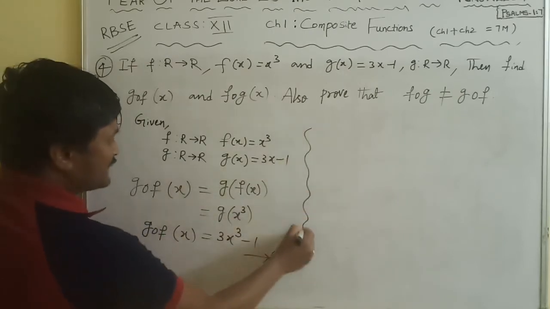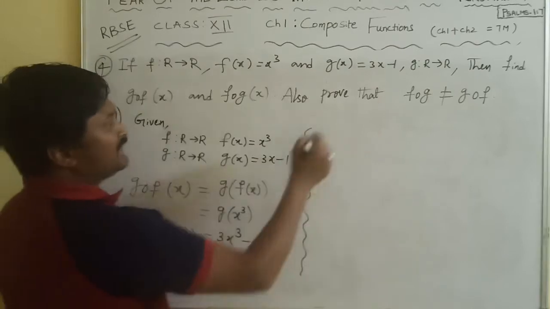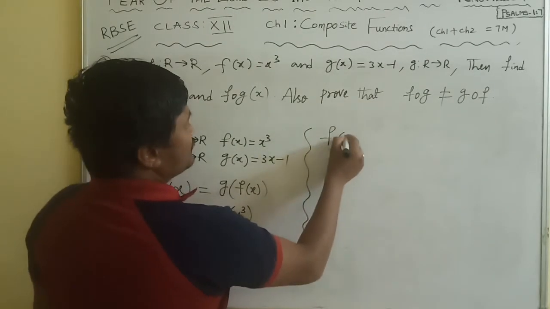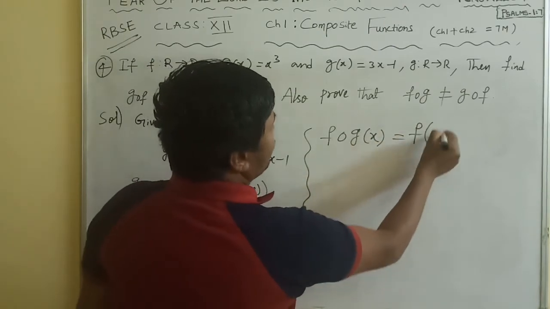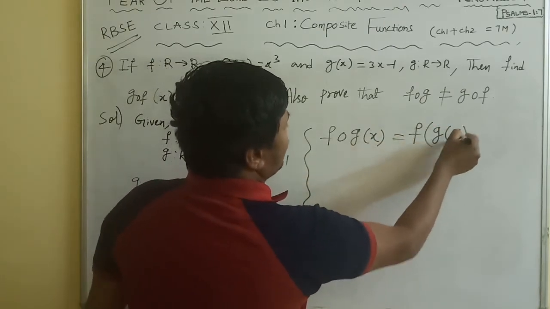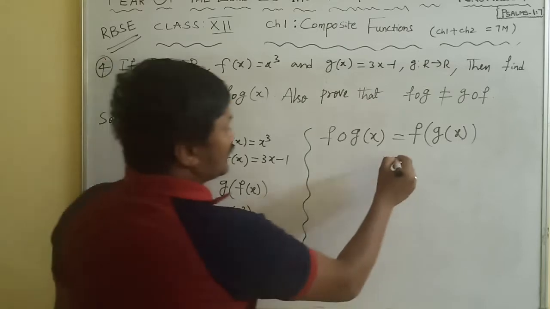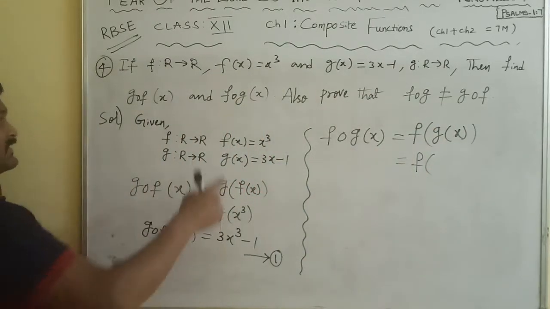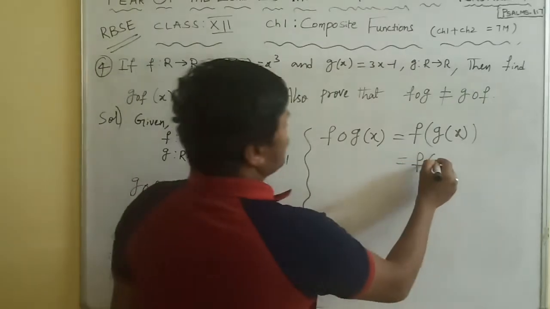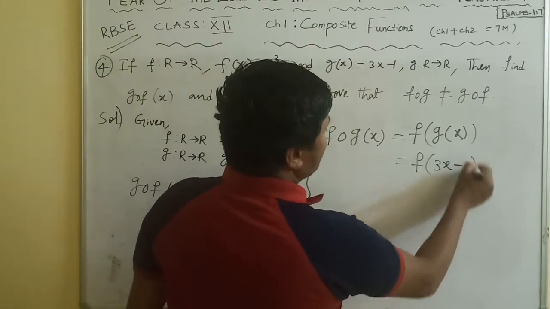Let's move on to the second one. It is what? f circle g. So f circle g of x, we can write it as f of g of x. So here now, what is g of x? g of x, you know that is 3x minus 1. So right here 3x minus 1.